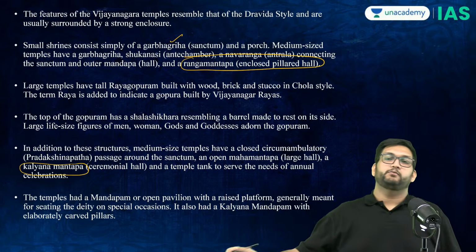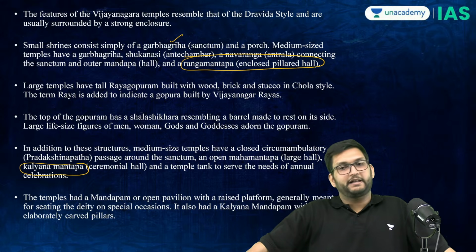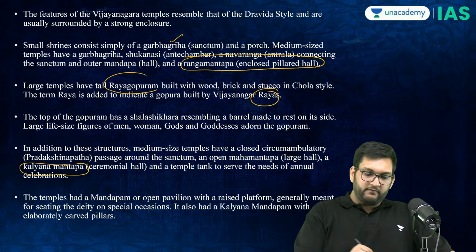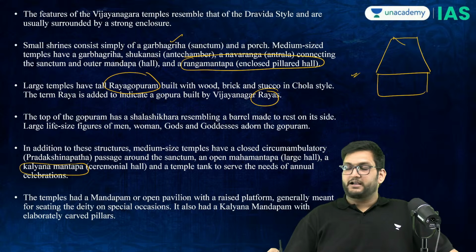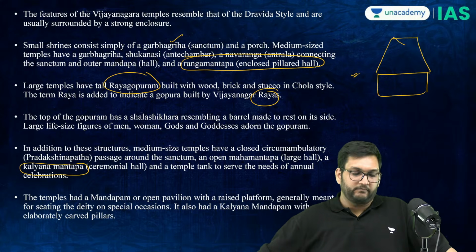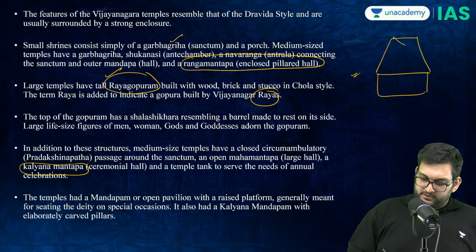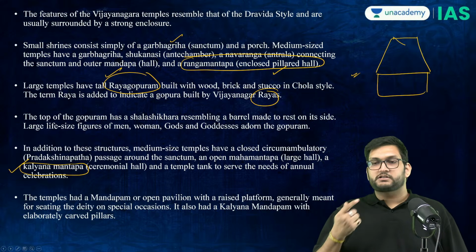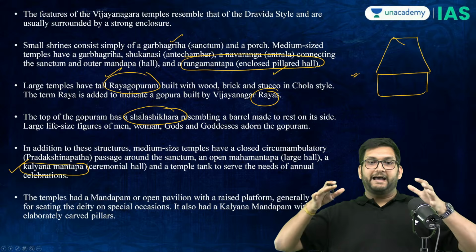Kalyan Mandap is a ceremonial hall in which the deity is married on an annual basis. Rai Gopurams are very big monumental gopurams, and they are called Rai because they were created by the Raya, the king of the Vijayanagara Empire. So we see Rai Gopuram, Kalyan Mandap, Rang Mandap, and we also see the Shaila Shikhara, which is barrel shaped.